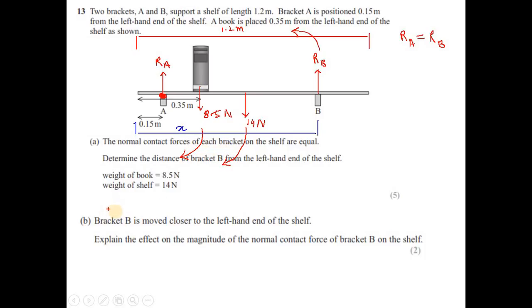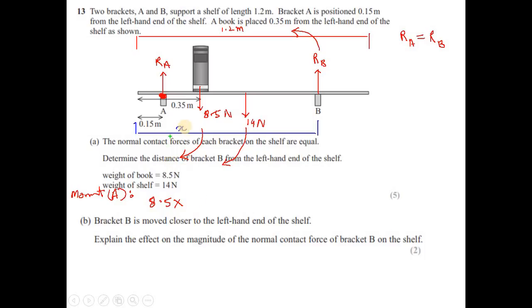So you can say that moment about A: 8.5, this is the force, into the pivot distance or the moment arm or the perpendicular distance.